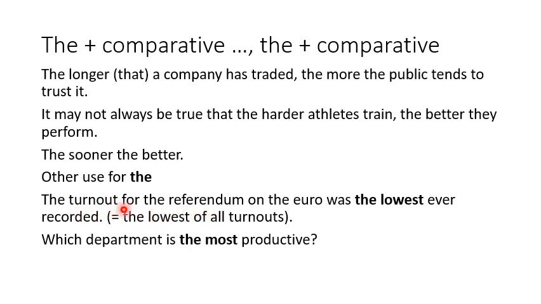And turnout is the number of people, how many people come to the poll station, come to the election, for example. So the number of the people is called turnout.